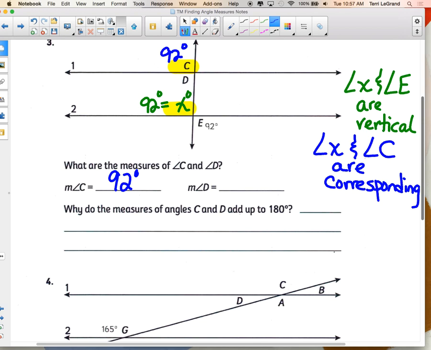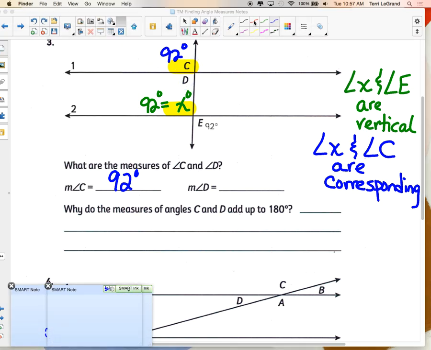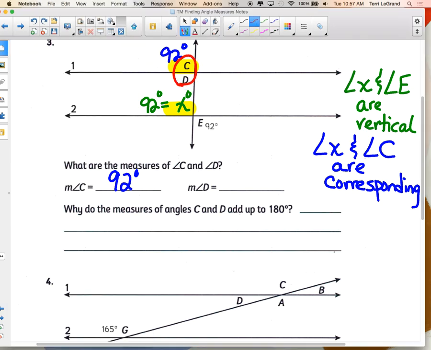Supplementary. So we're going to go down here, C and D, they form a straight angle. So let's go down here. It says, why do the measures of C and D add up to 180? Angle C and angle D are supplementary.